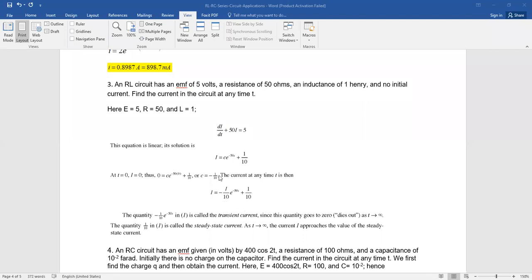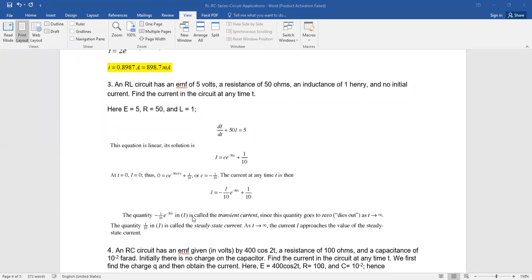The term representing the transient current and the other term representing the steady state current. So the steady state current has a value that is not equal to zero when t approaches infinity. The transient current has a value which is always equal to zero when t approaches infinity.